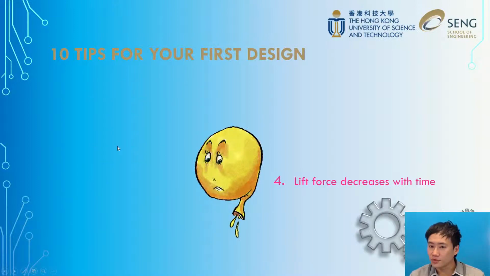Next thing is also very important. The helium balloon that you are going to use in this course will have leakage. We cannot keep helium inside the balloon forever. So the lift force will always decrease with time.